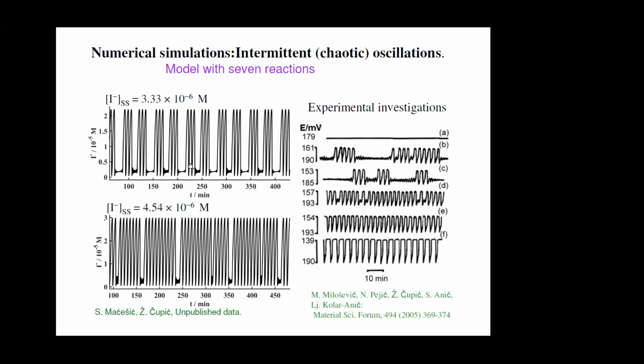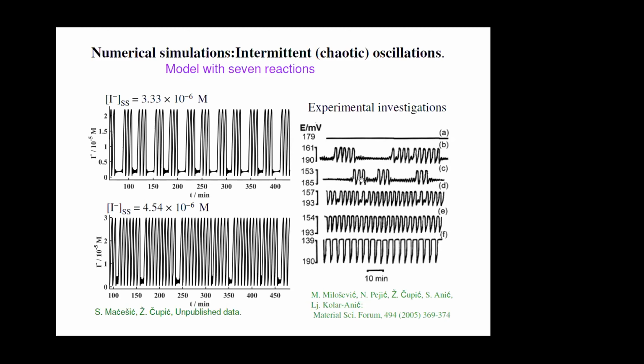You can see different kinds of intermittent oscillations. In the first case, we have regular large amplitude oscillations and chaotic appearing of the low amplitude oscillations. And in the second case, we have chaotic appearing of both kinds of oscillations, like what happened in our experiments.